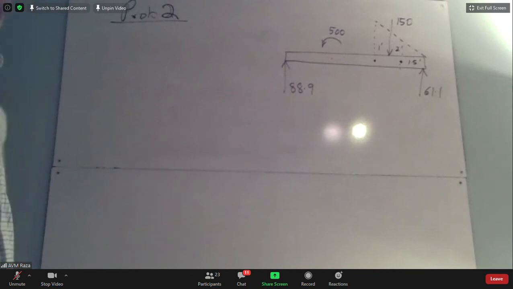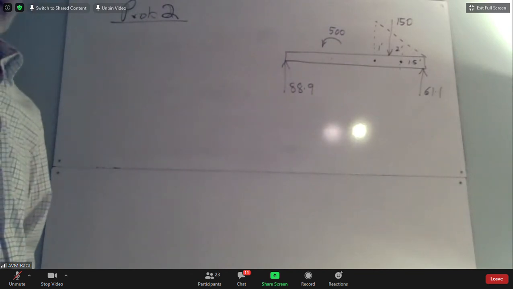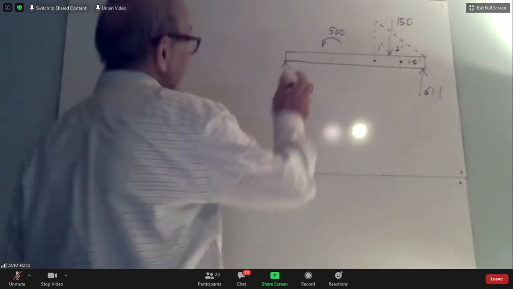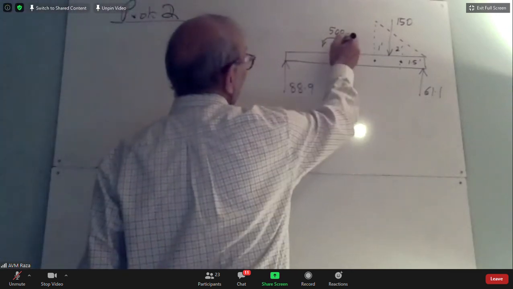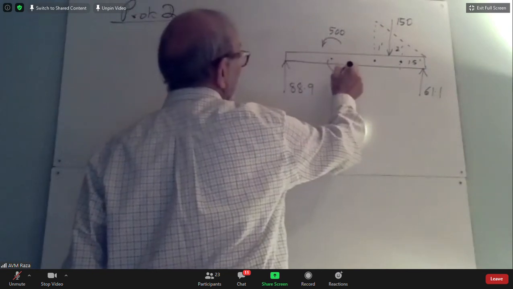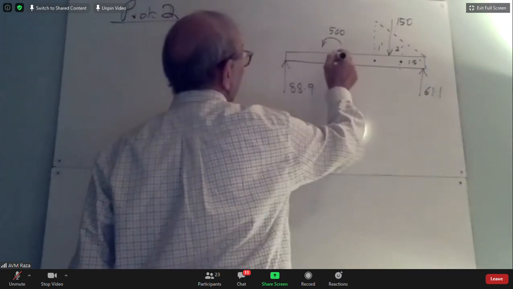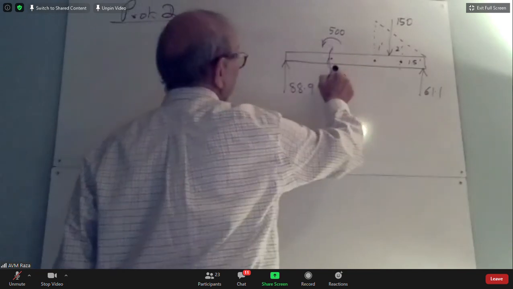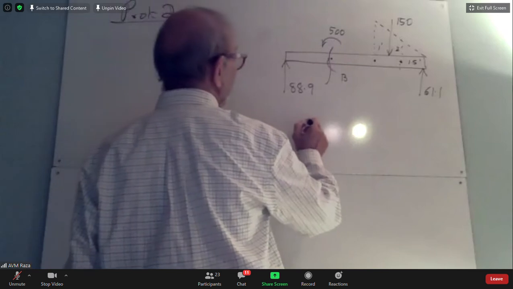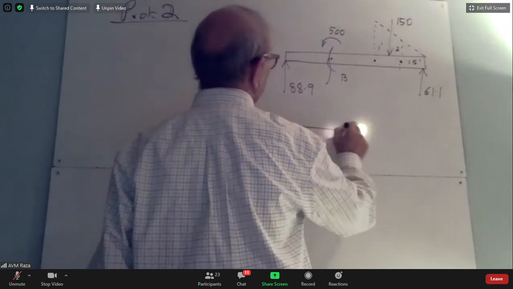So when we want to find the internal loads at B, and the problem says that B lies, if 500 is acting there at this point, then B lies just to the left of this, somewhere there. So if I take a section at B and then draw the free body diagram of that section, it will look something like this.